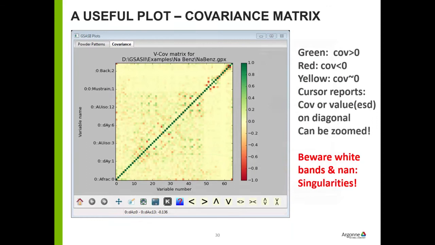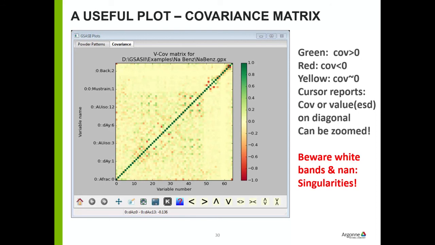What's next? A useful plot when you're done is to look at the covariance matrix. This gives you the correlation between pairs of parameters in the least squares. It's represented by green squares where the covariance is positive, and red squares where the covariance is negative. In other words, when one parameter goes up, the other one goes down. Yellow is around 0.